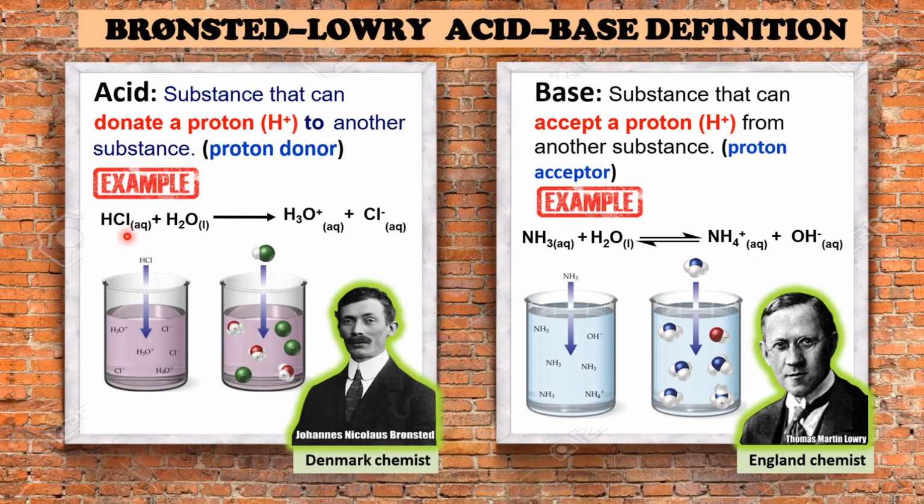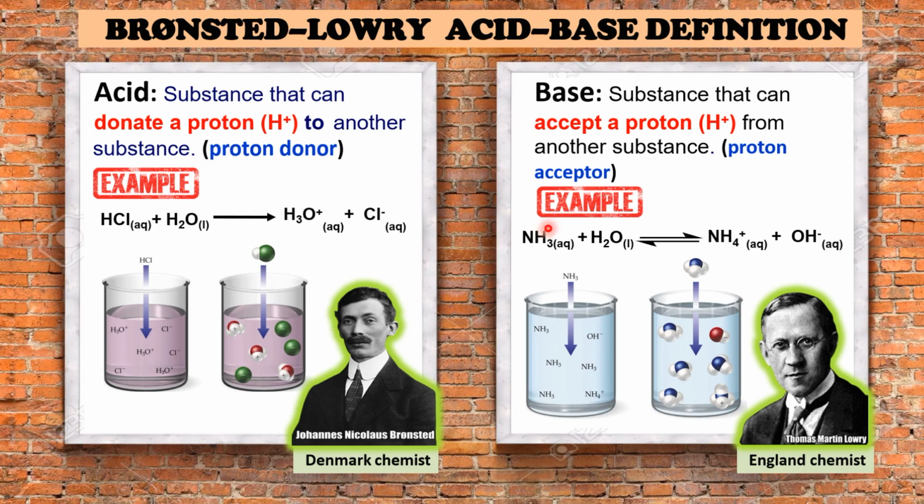So HCl donates a proton to H2O and becomes H3O+ and Cl- ion. Therefore, HCl is an acid. Whereas H2O accepts a proton to become H3O+, so H2O reacts as a base. These are the illustrations.